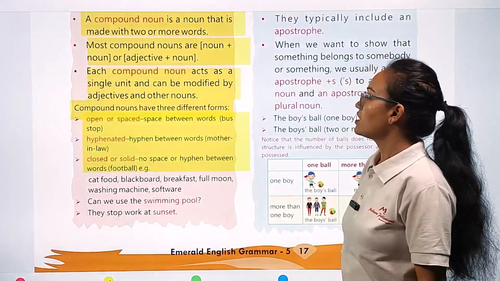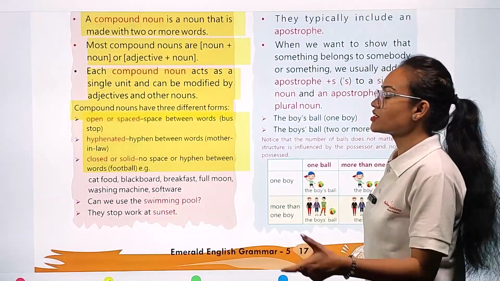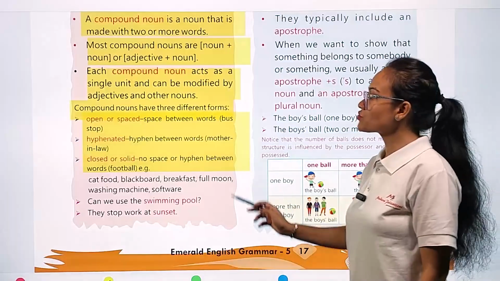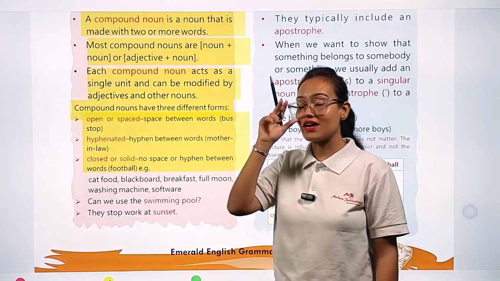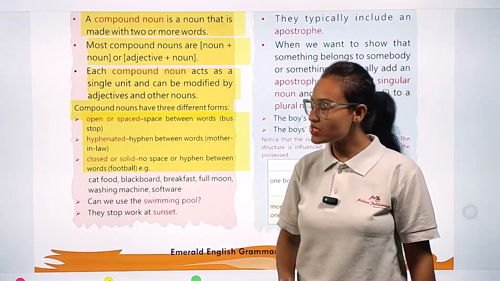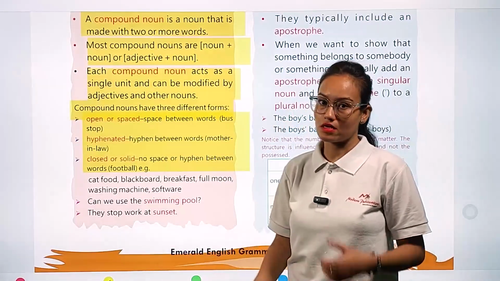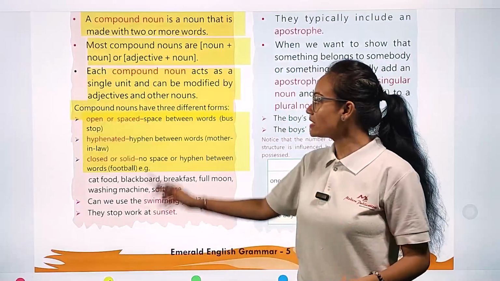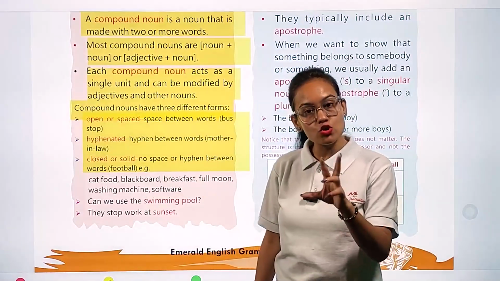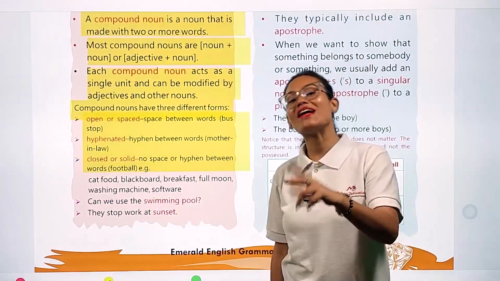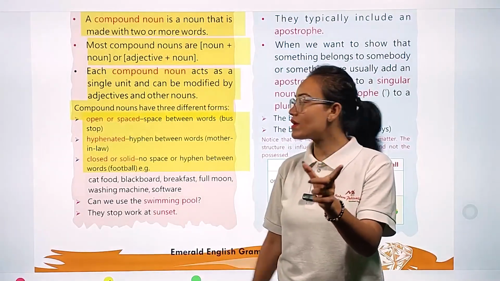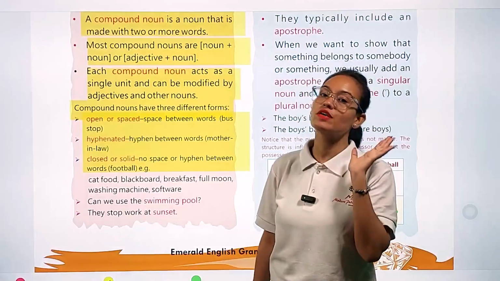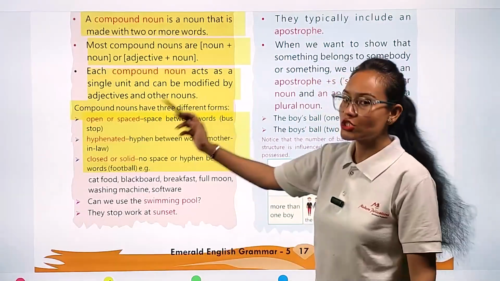Space between words: bus stop. So, my dear student, compound nouns are divided into three categories. The first category is open or spaced, meaning two noun words or adjective plus noun words are written but always have a space between them, like bus stop.